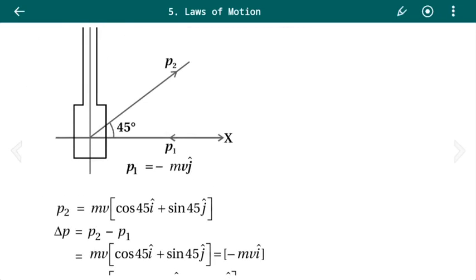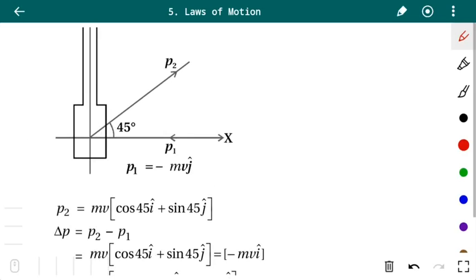Now from the equation we can write P2 equals, because here the vector is neither along the x-axis nor along the y-axis, so we need to take the projections. Taking the projection along the x-axis gives the cos theta component.